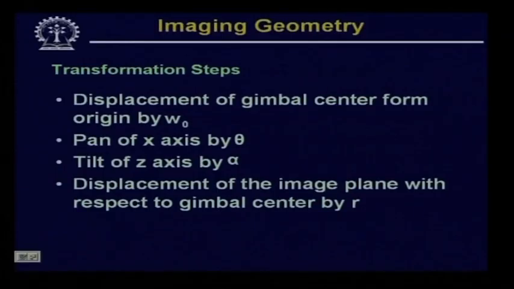So, we have 4 different transformation steps which are to be applied one after another, and these will give you the transformed coordinate of the 3D world point w.